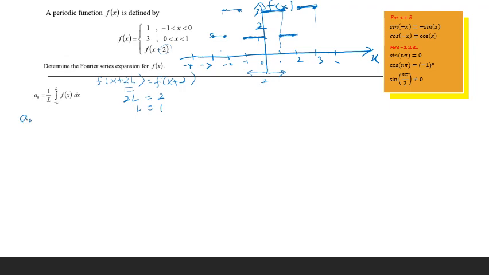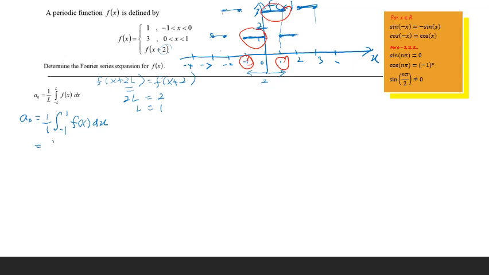So a0 equal to 1 over L, equal to 1, integral from -L to L, so from -1 until 1, of f(x) dx. So what does the integration here mean? It means that we need to integrate the function from -1 to 1. If we look at the graph here, from -1 until 1, there are two functions, first and second. So we need to split the function first in order to integrate.